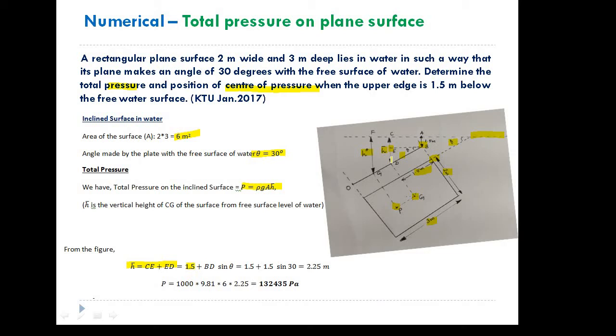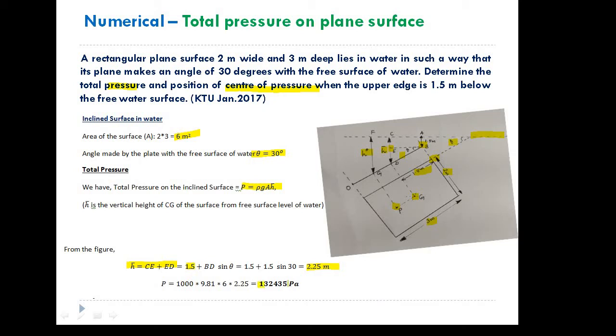From this right angled triangle, ED is BD sine 30, because sine 30 equal to opposite side divided by hypotenuse, or sine 30 equal to ED by BD. So you will get ED as BD sine 30. So 1.5 plus 1.5 sine 30 will give you 2.25 meters as h bar.